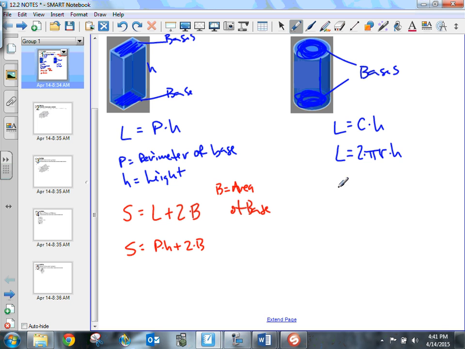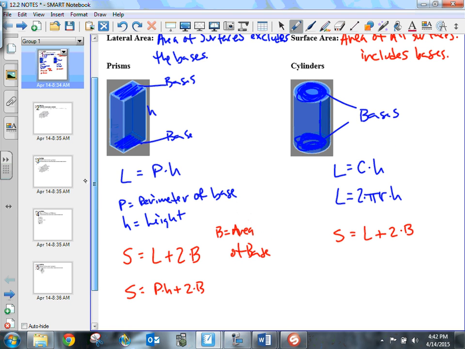For a cylinder, I know my lateral area is equal to 2 times pi times my radius times my height, plus 2 times the area of the bases, which is a circle, and that's just pi r squared. So if you want to remember the actual formulas, that's up to you, but those are the formulas that we're going to use for lateral and surface area of prisms and cylinders.